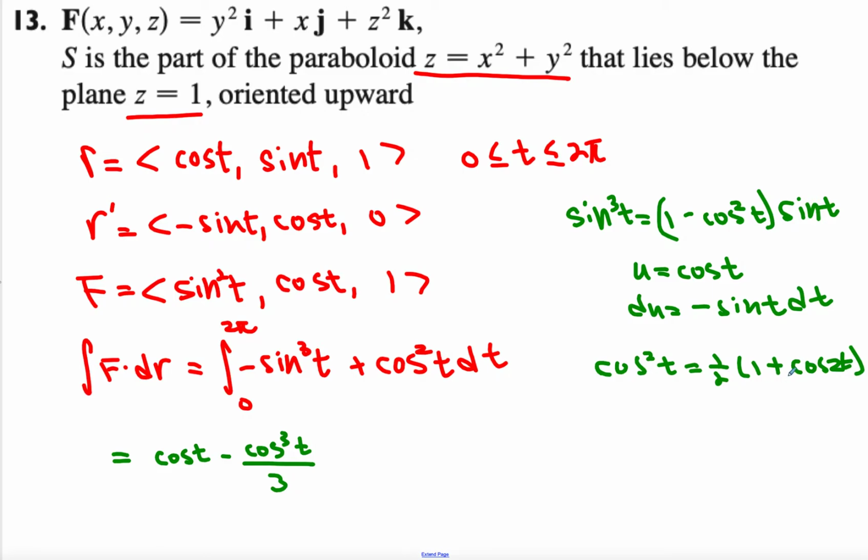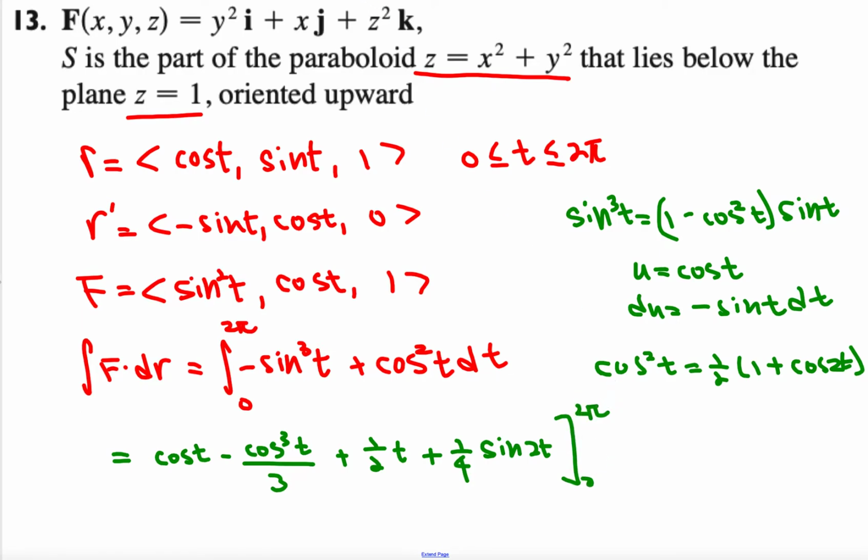So when I integrate this, it becomes 1/2 t, and the second part becomes plus 1/4 sine of 2t, from 0 to 2 pi.